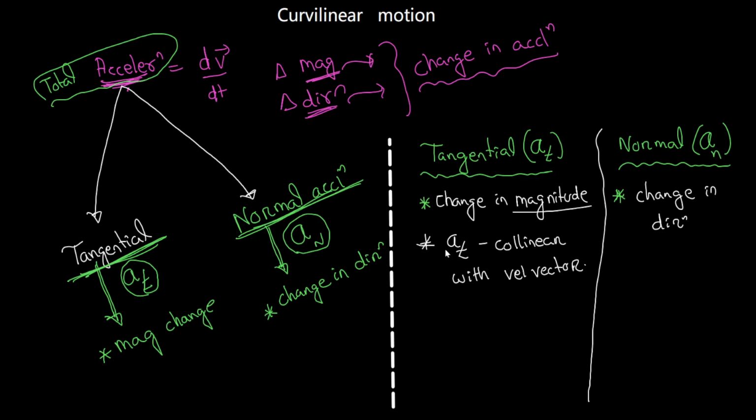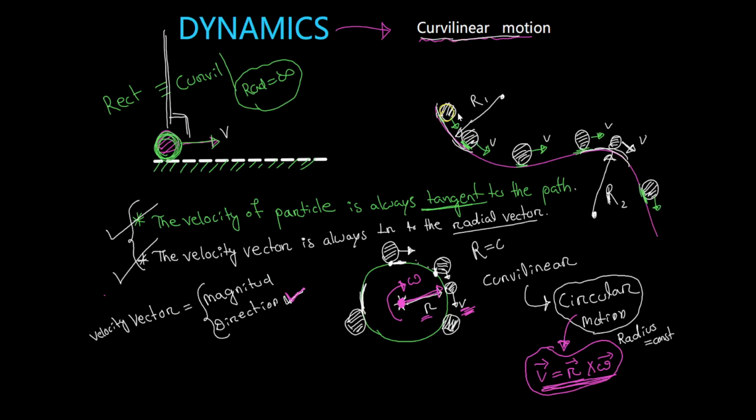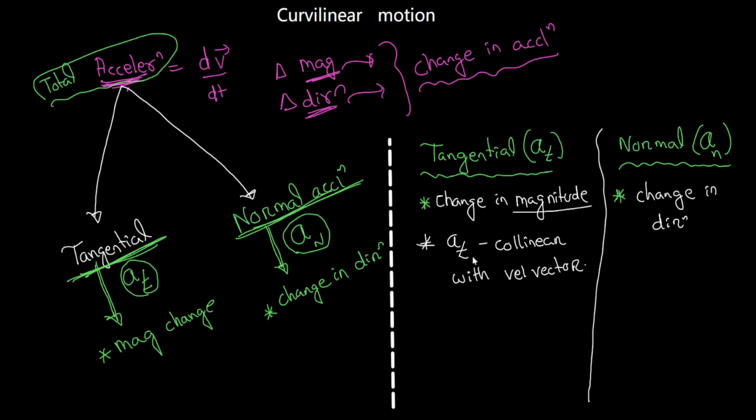How is the direction changing? See in this slide, the direction is changing because the velocity vector is perpendicular to the radius. If the radius keeps on changing, then the velocity will also change. So I'm saying the tangential acceleration is collinear with the velocity vector. I'm not saying a particular same direction or opposite direction.